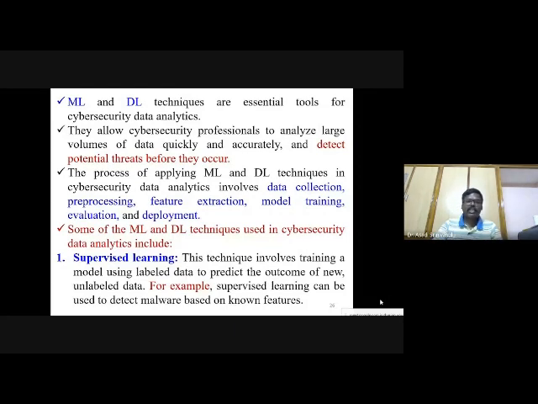Some of the machine learning and deep learning techniques used in cyber security data analytics include supervised learning. What is meant by supervised learning? In childhood, our parents feed us data like: this is a car, this is a train. In your brain, it is fixed.